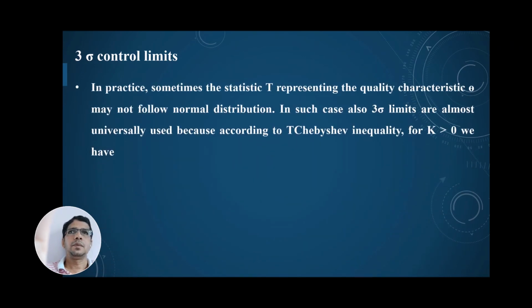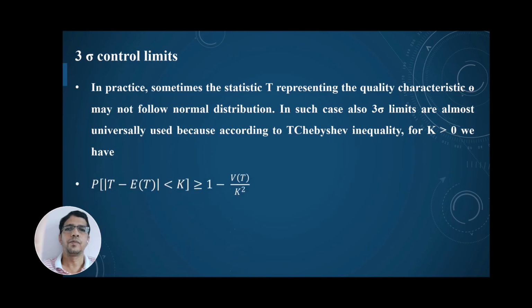Here we have assumed that T follows a normal distribution, but in practice sometimes the statistic T representing the quality characteristic theta may not follow a normal distribution. In such cases also, 3 sigma limits are almost universally used because according to Chebyshev's inequality, for k greater than 0 we have the probability that |T minus expected value of T| is less than k is greater than or equal to 1 minus variance of T upon k square.